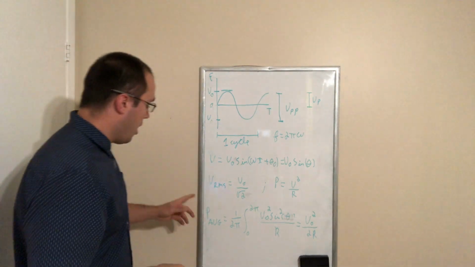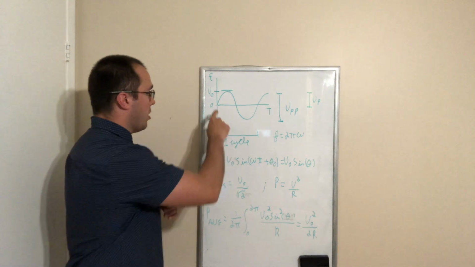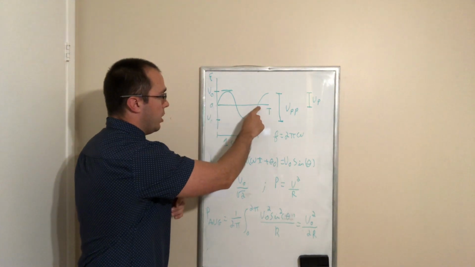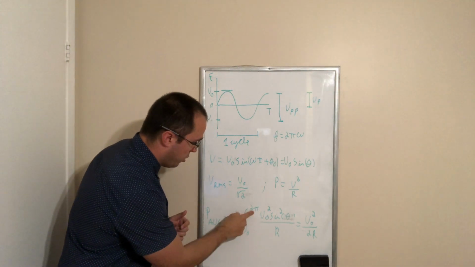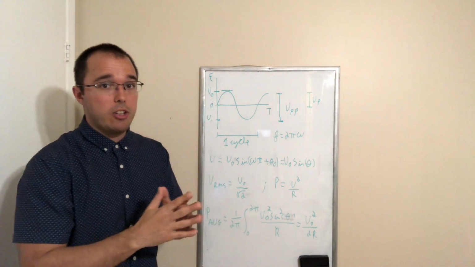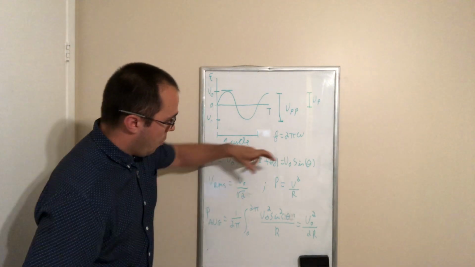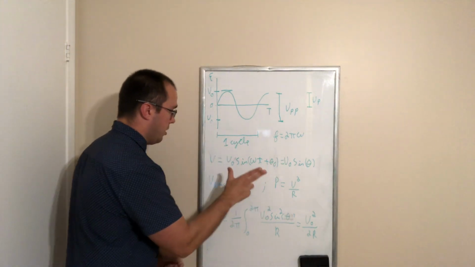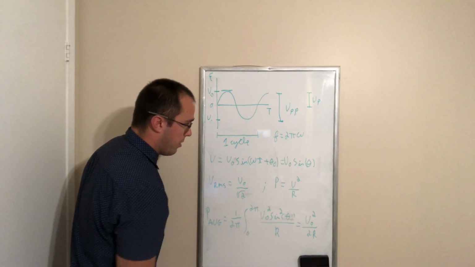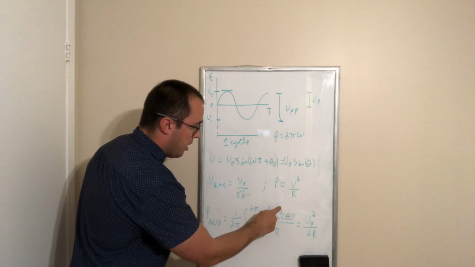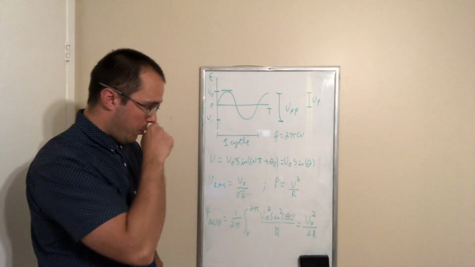All right, so we are going to integrate over the angle. We start at an angle of 0 degrees, get to an angle of 360 degrees, or in radians from 0 to 2 pi. We have to divide by the length of our integral, so it's 1 divided by 2 pi. We replace the V over here with this formula, so we take this formula squared, V0 squared, multiplied by sine squared of theta, divided by the resistance.